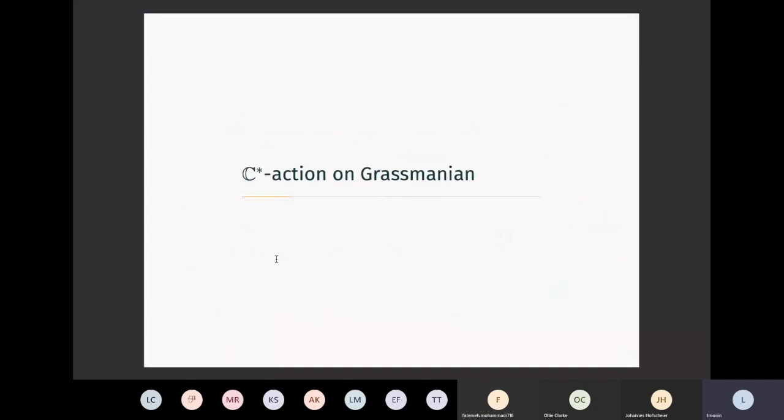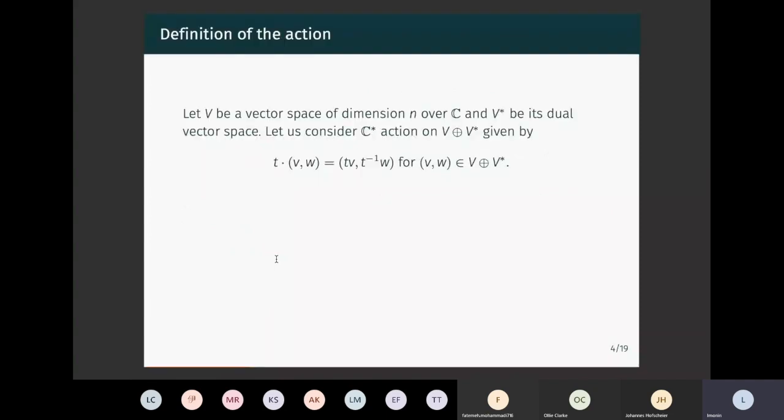Let me pass to one approach to do this, which uses a C-star action on the Grassmannian. For this, let V be a dimension n vector space over the complex numbers, and let V star be its dual vector space.